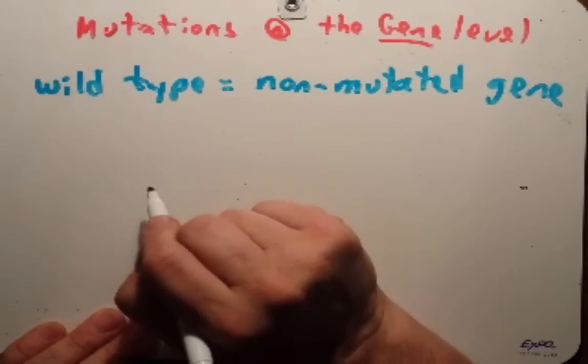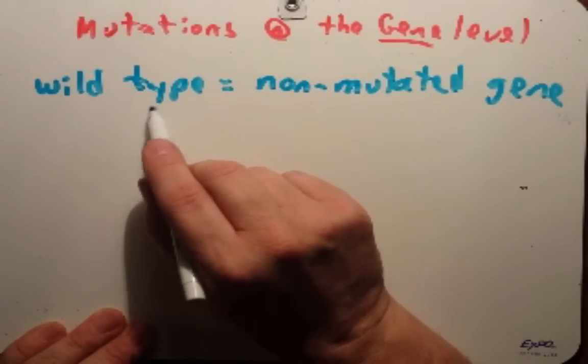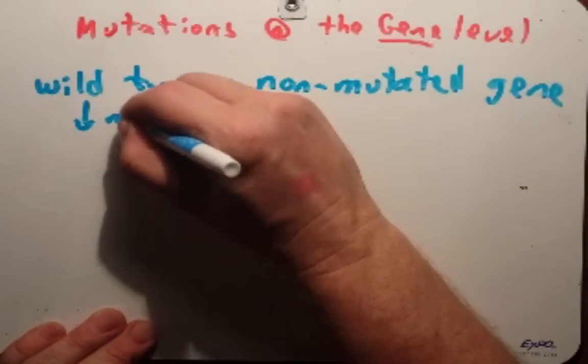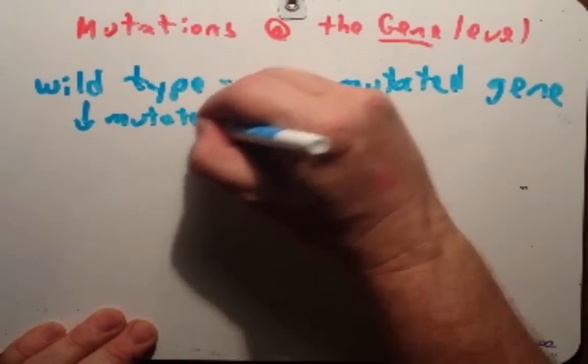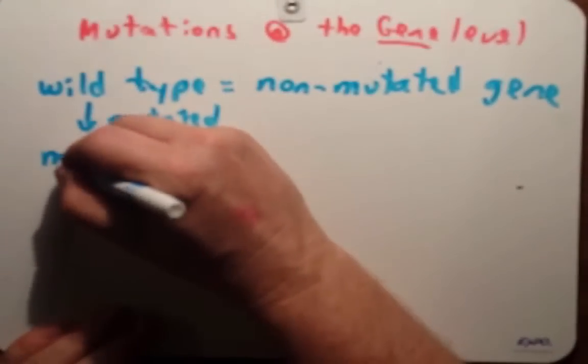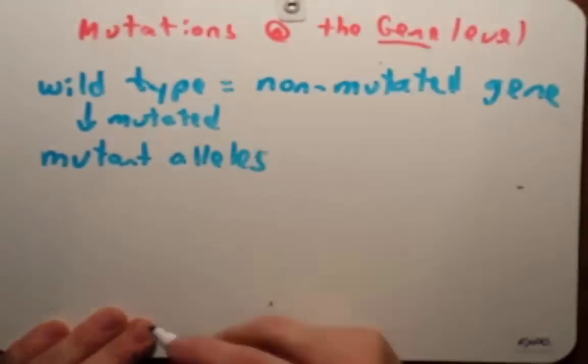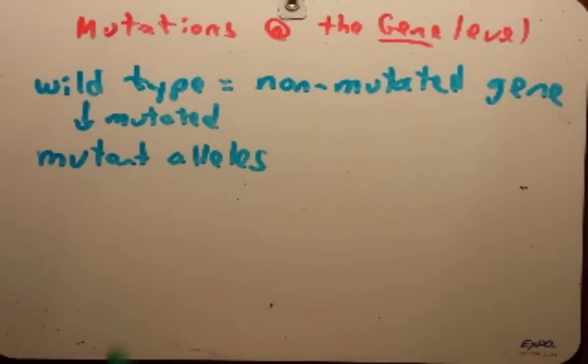Then we can have different alleles of this wild type gene because of mutations. And so wild types, after they get mutated, are called mutant alleles. So mutant allele is just a copy of the wild type gene that has one or several mutations in it.